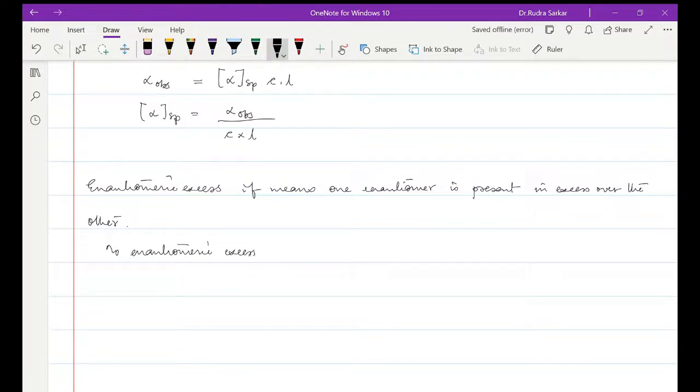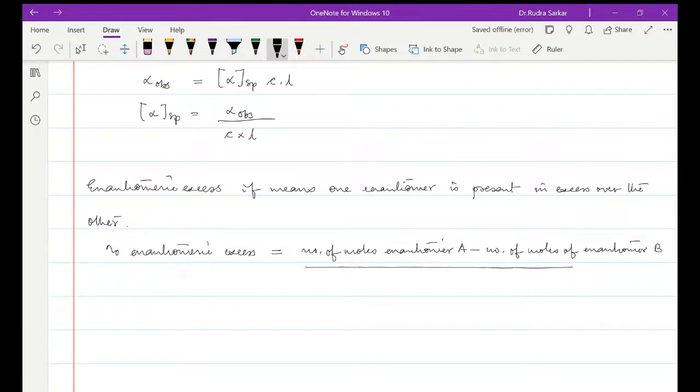For that the formula is: enantiomeric excess equals the number of moles of enantiomer A minus the number of moles of enantiomer B, divided by the total number of moles of enantiomers. That is what it means.